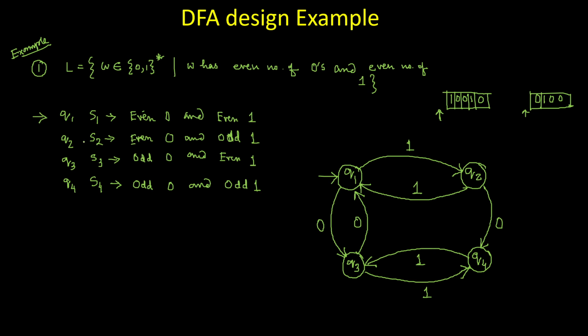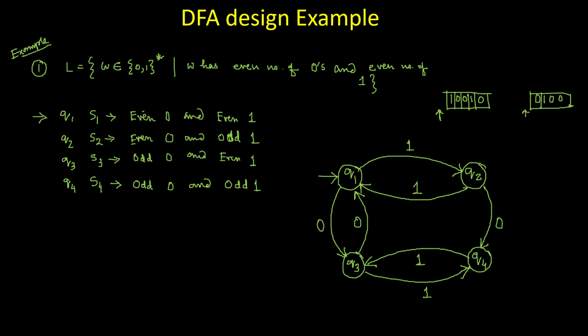Even 0, odd 1 is Q2. Then if you get a 0, this even 0 will change to odd 0. Odd 1 remains the same. So from Q2 you will go to odd 0 and odd 1. Odd 0, odd 1 is Q4, not Q3. That's why I have written Q4.